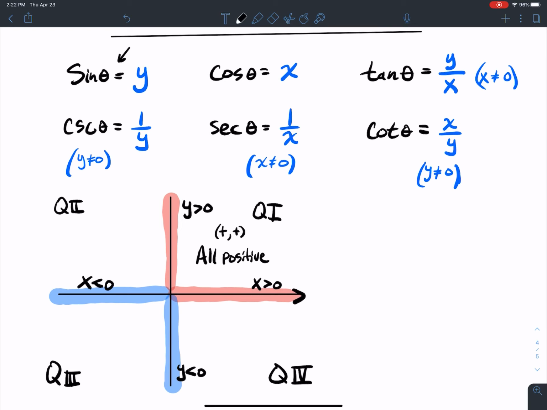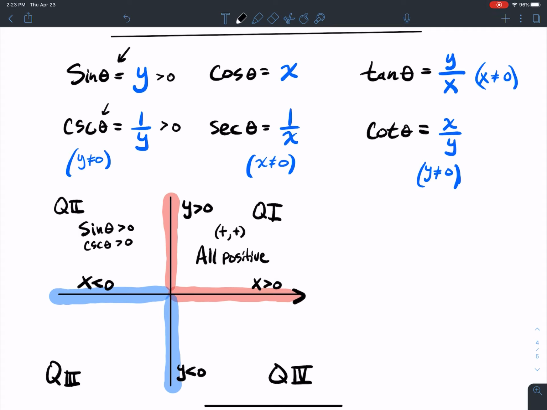Okay, it's greater than 0. And then cosecant is positive. Since y is positive, then 1 over y is positive too. So what do we know? We have sine theta greater than 0, but also the reciprocal cosecant theta is greater than 0.